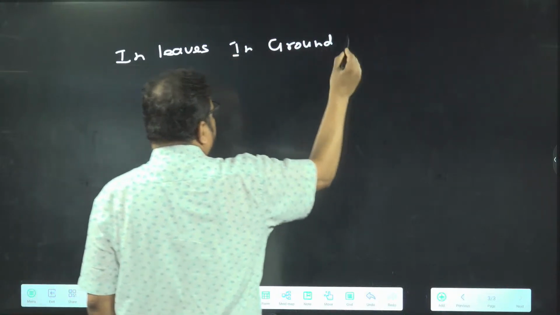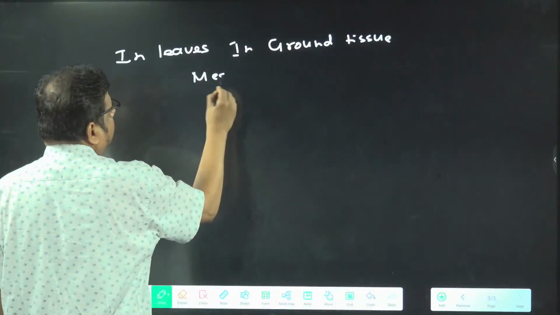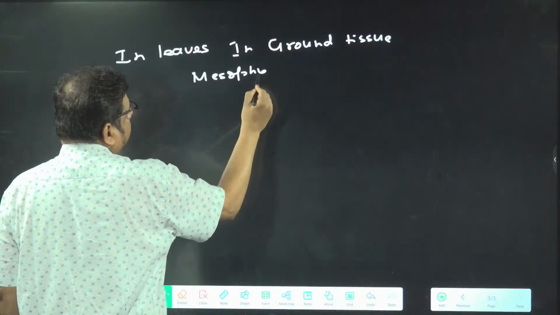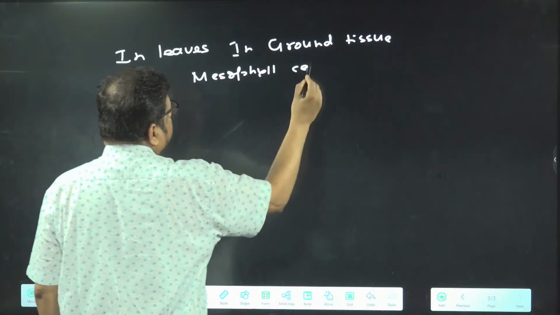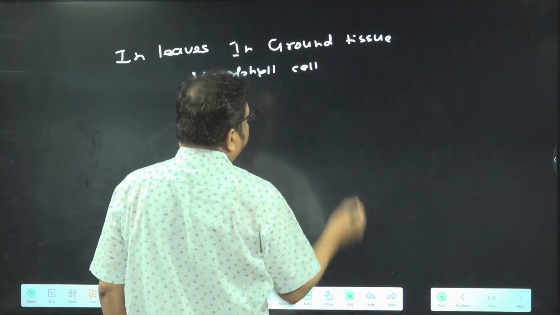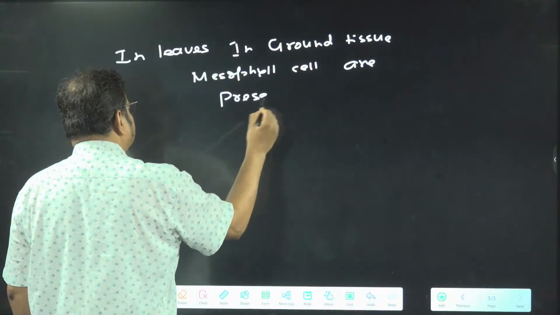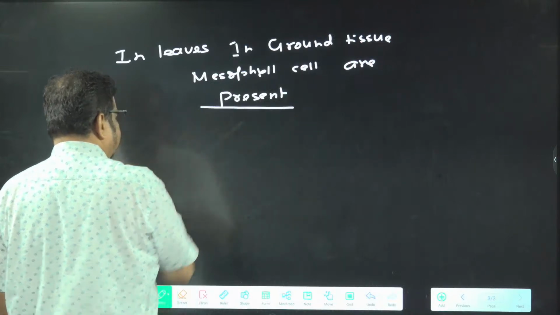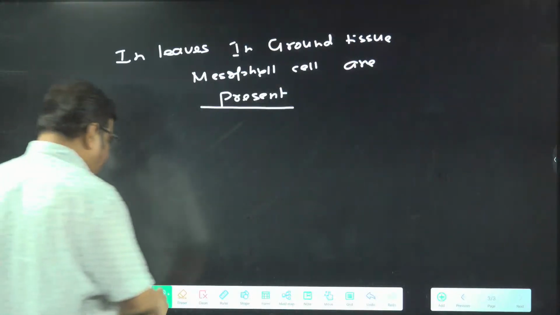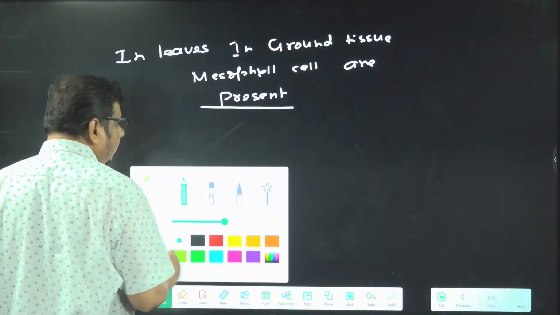In the ground tissue, mesophyll cells are present. You just try to understand it. Ground tissue in the leaf, every tissue system in the leaf. You have a look here.